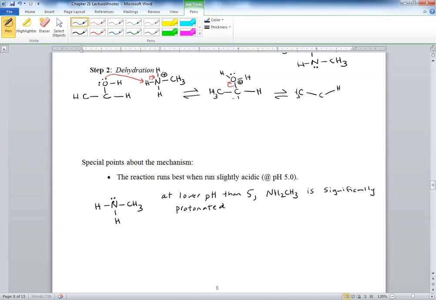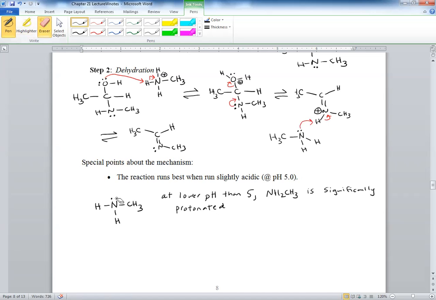So if this becomes protonated, then this is no longer a nucleophile.